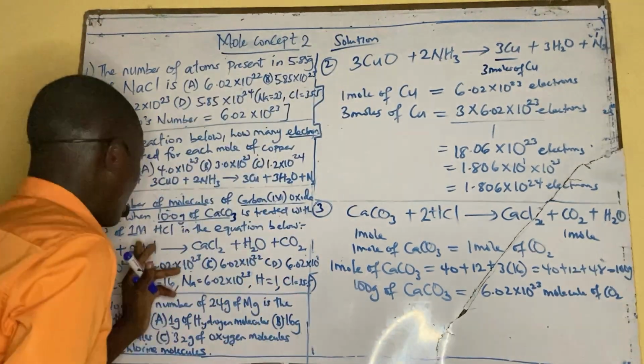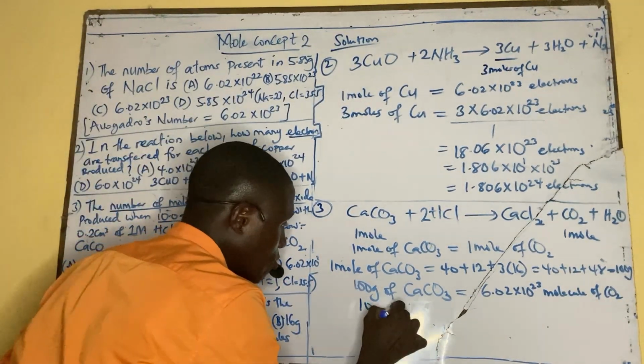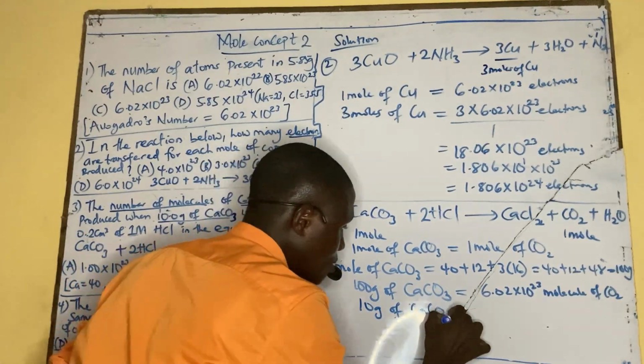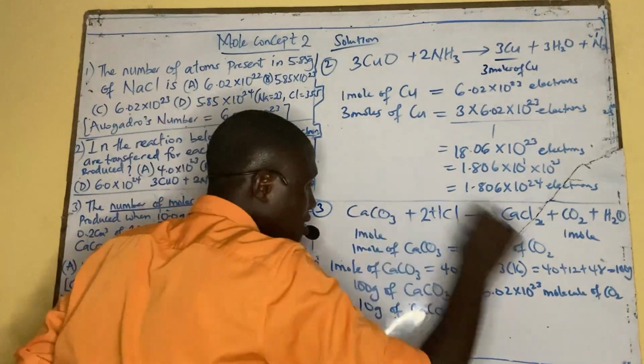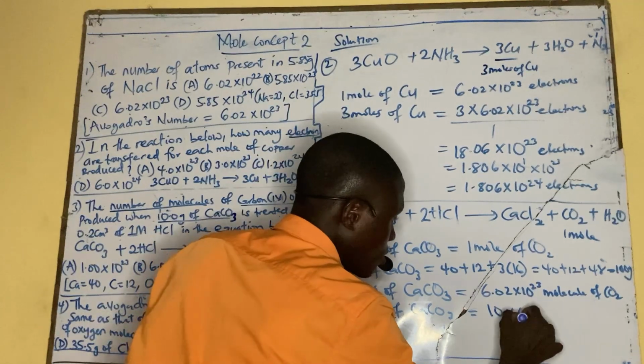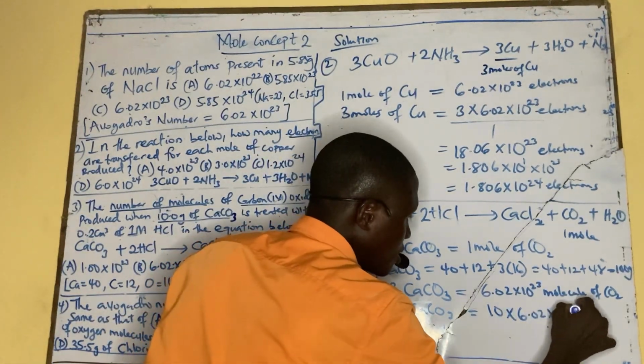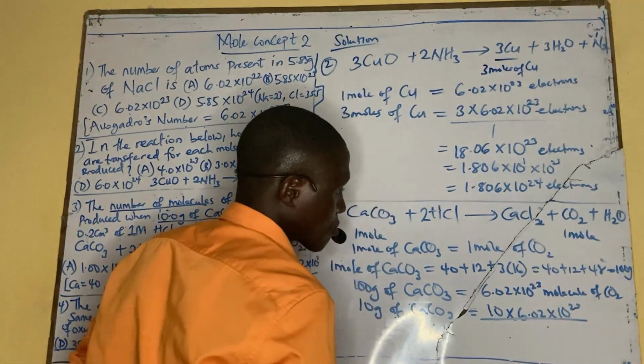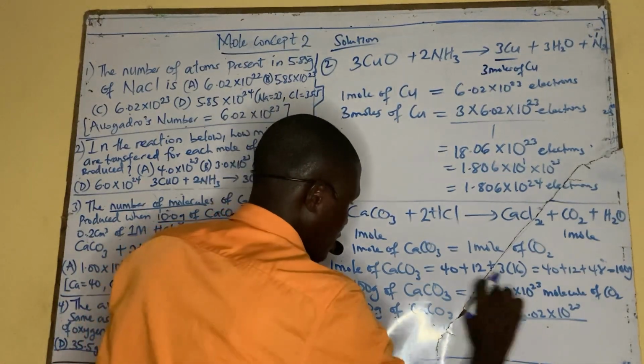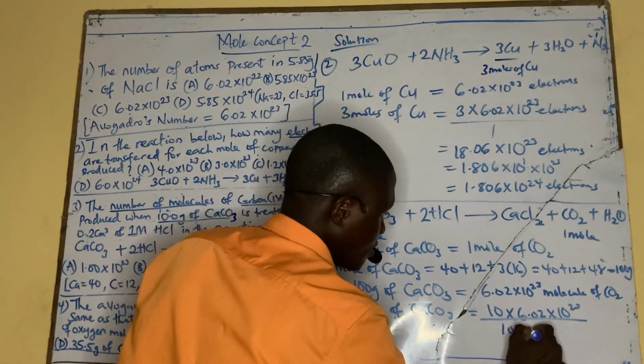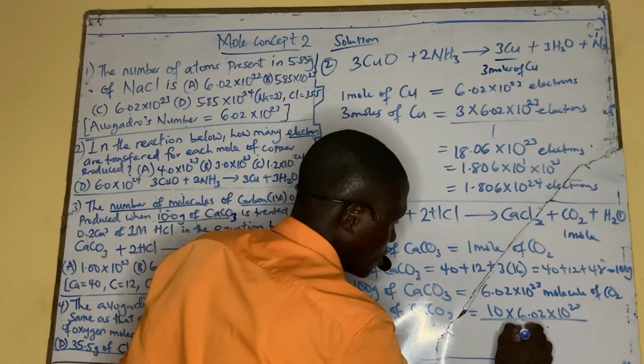So now, what about 10 grams? 10 grams of CaCO3 that was mentioned in the question will now give us 10 times 6.02 times 10 raised to power 23 all over 100.